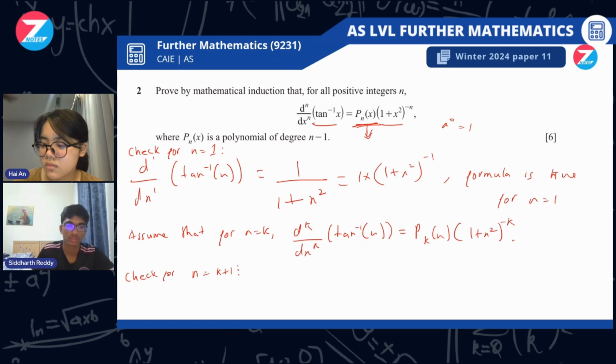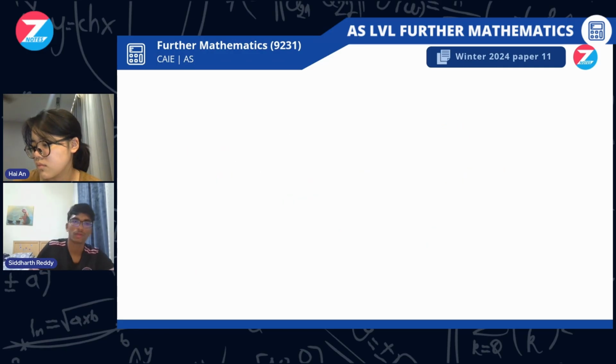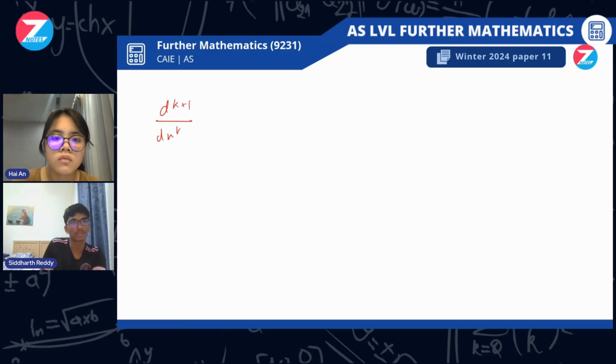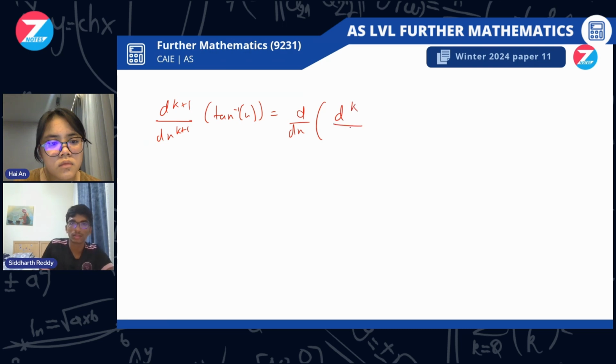Let me just create a new slide with the empty. Just give me a second. So let's check for dk plus 1 by dxk plus 1 of tan inverse of x, which is nothing but the derivative of the kth derivative of tan inverse of x.